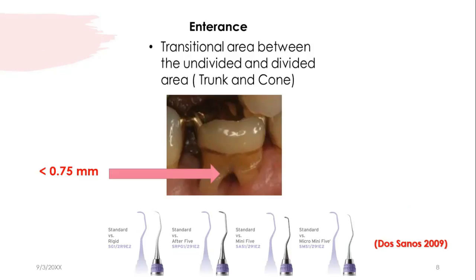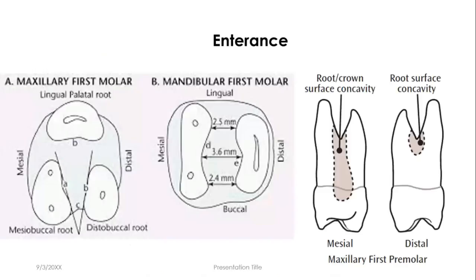The furcation entrance is a transitional area between the undivided and divided part, which makes a lot of problems during mechanical instrumentation. 81% of molars have a furcation entrance of less than 0.75. Buccal furcation of maxillary molars presented the highest frequency of entrances narrower than 0.8 millimeter.